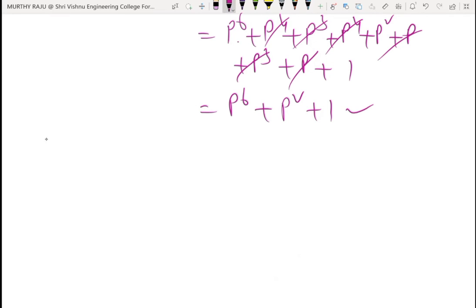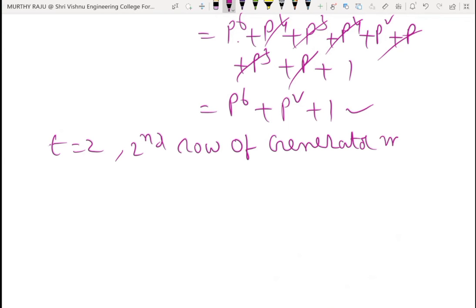Next, T is equal to 2, the second row of the generator matrix, in polynomial representation. Rows are represented in polynomial form.